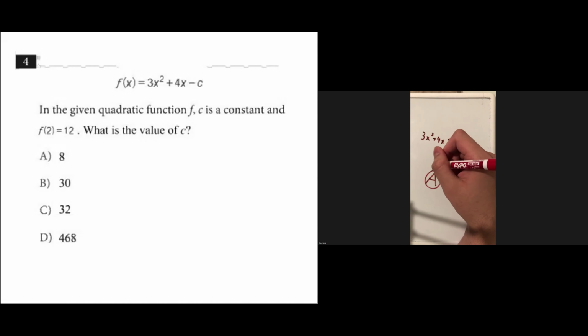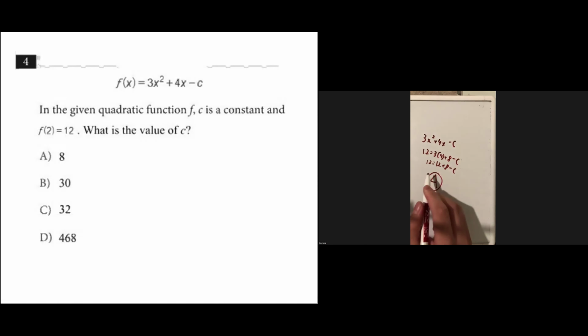And we're given f of 2 is 12, so 12 is equal to 3 times 2 squared, which is 4, plus 4 times 2 is 8 minus c. So 12 is equal to 12 plus 8 minus c. Well, c would have to be -8. So the correct answer is A.